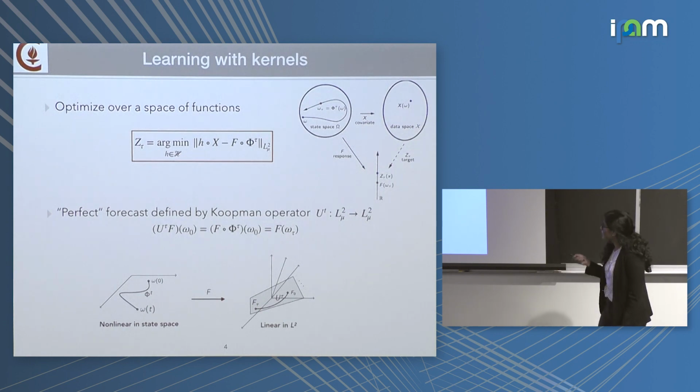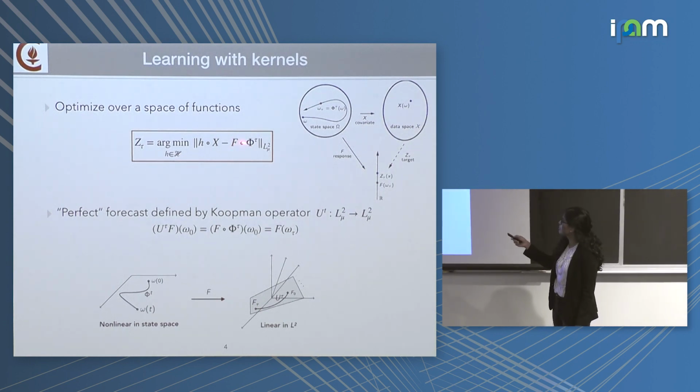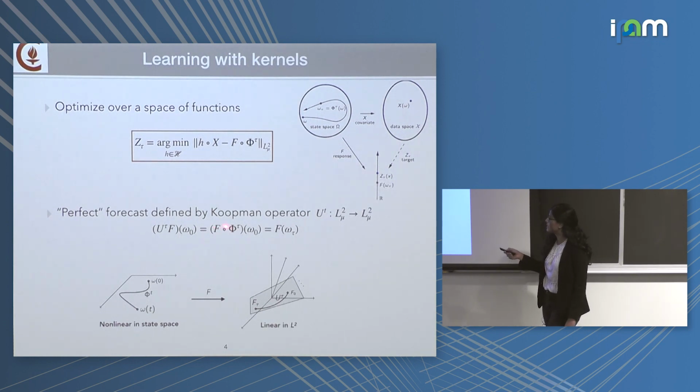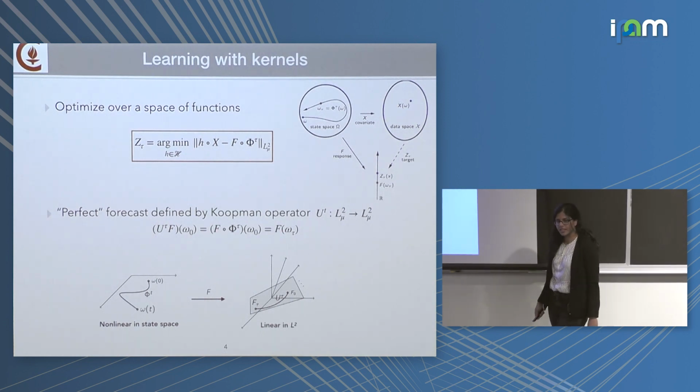And we can also rewrite this forecast, F composed with the flow map, which is our true prediction, in terms of the Koopman operator. The Koopman operator in this, given our assumptions, is simply composition with the flow map, and it shifts your observable, your response variable, tau time steps ahead, without ever observing the underlying state that generated it.